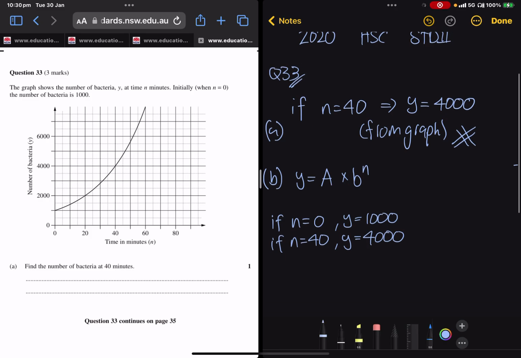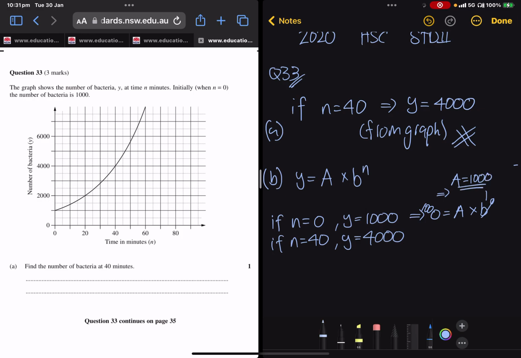This is very useful, because if we plug the first one into this equation, we get 1,000 is equal to a times b to the 0. b to the 0 is 1, so this tells us that a is 1,000. So immediately we've got the value of a.